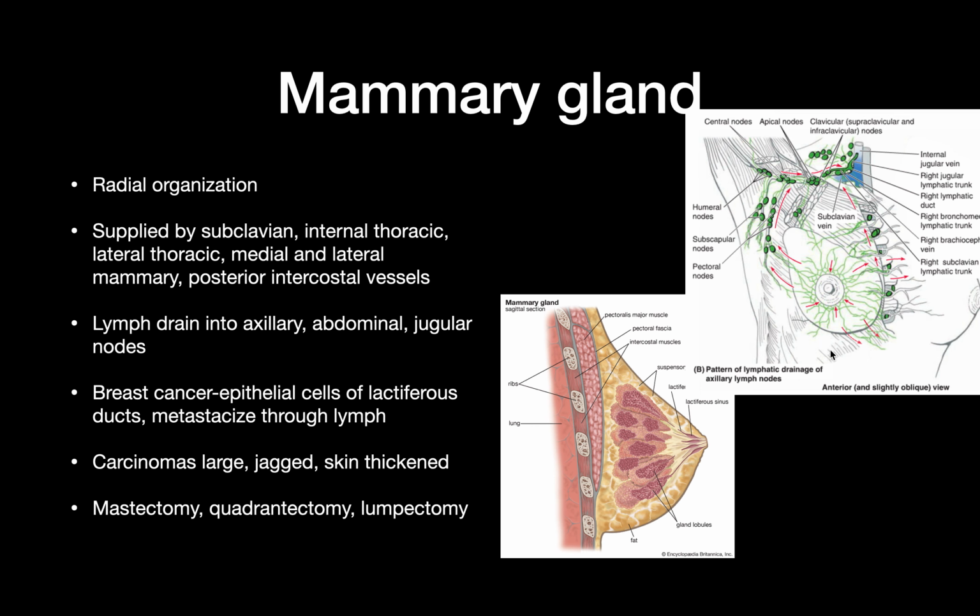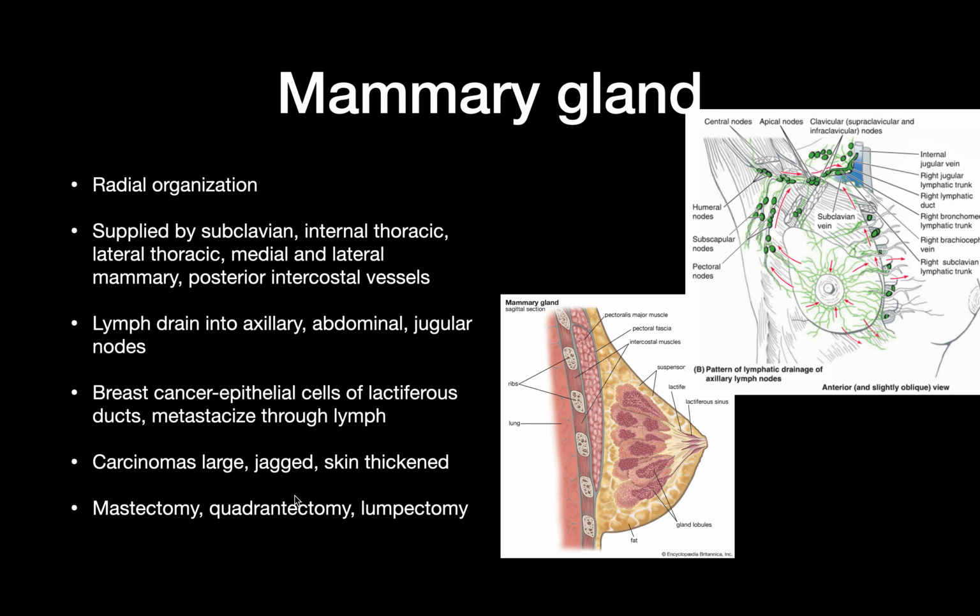So looking at an x-ray, the carcinomas are large and jagged, and they appear as white in the x-ray, and over top the skin is thickened into a term called peau d'orange. That means orange peel skin.